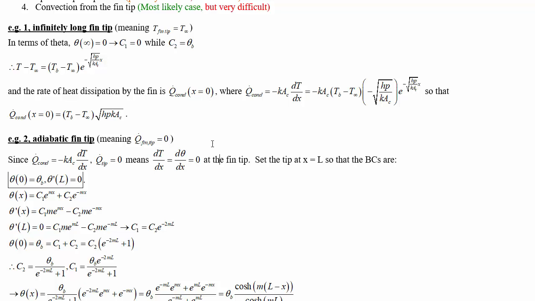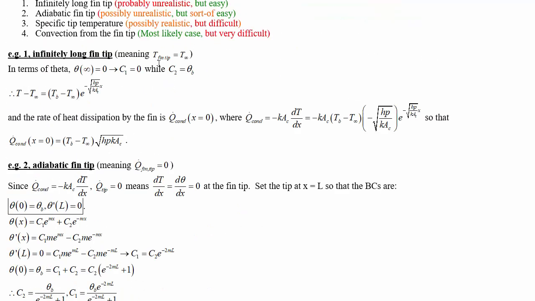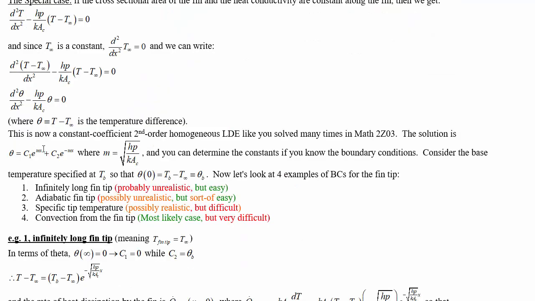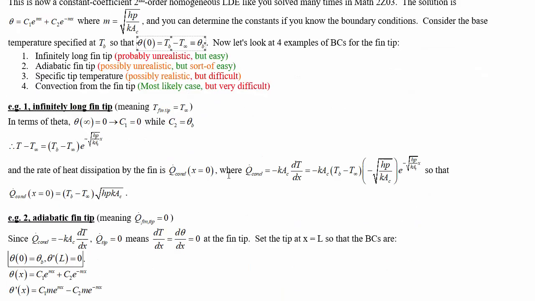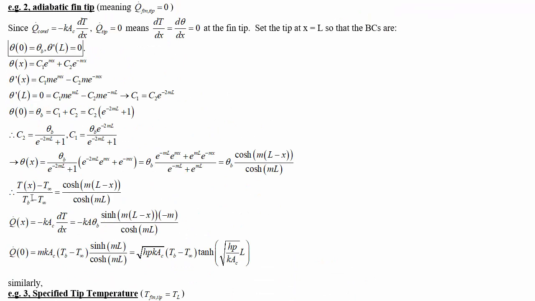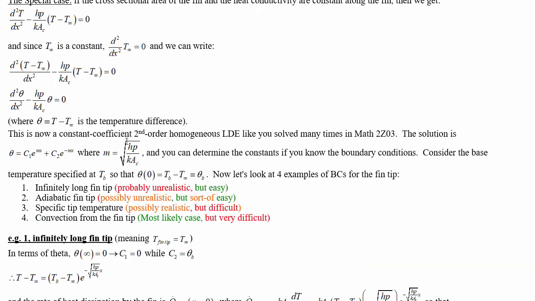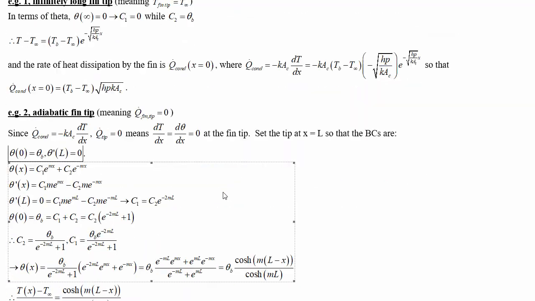Okay, so this boundary condition is a little bit more involved to solve, but you just substitute in the condition to the differential equation along with the theta at 0 equals theta b condition, and after a little bit of manipulation, that leads to theta at x being theta b cosh m times L minus x over cosh mL, where m is again equal to the square root of HP over KAC.